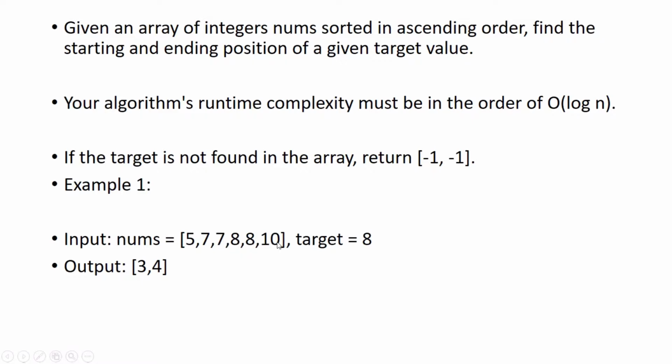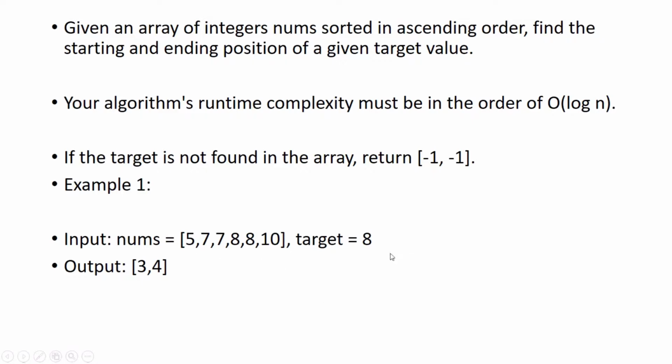So in the worst case, we might have to run through the entire array, which will be in the big O of n, where n is the number of elements in our array. So you can try to implement that, but that is going to take us a time complexity of n.